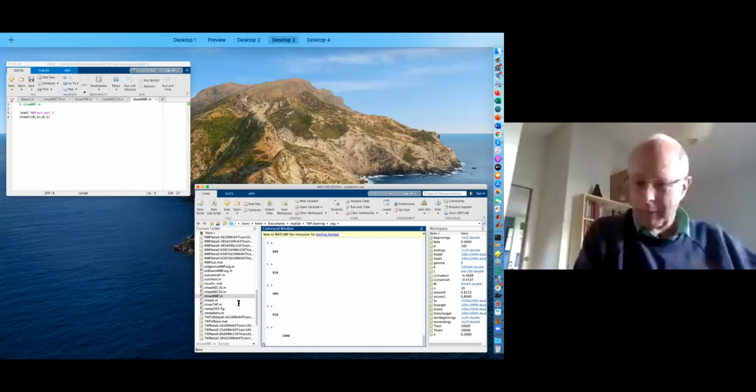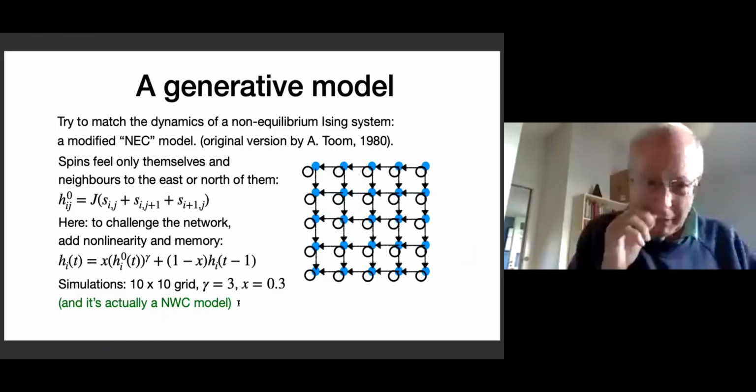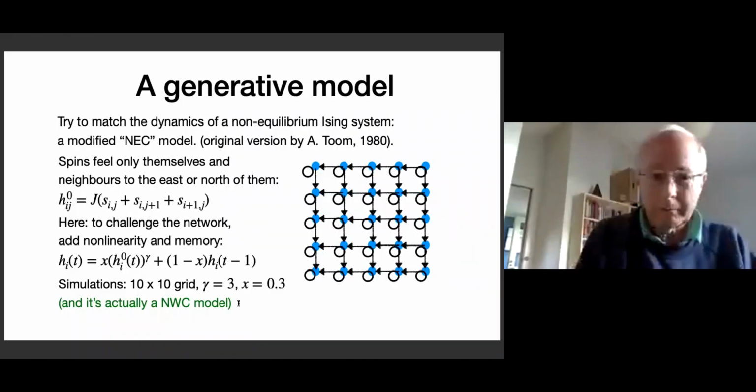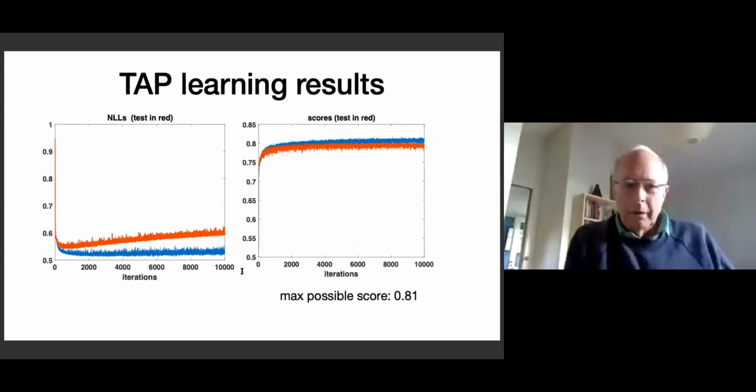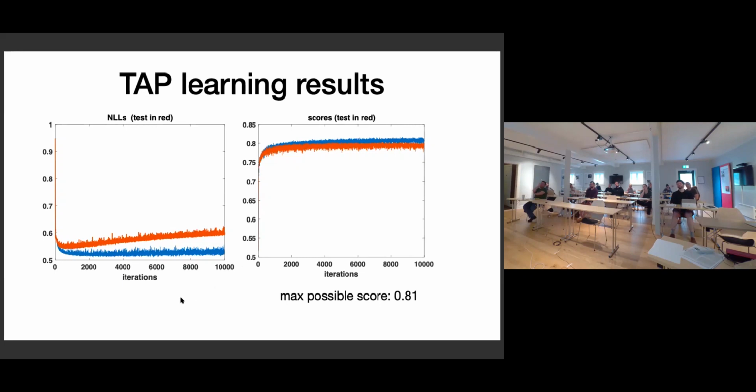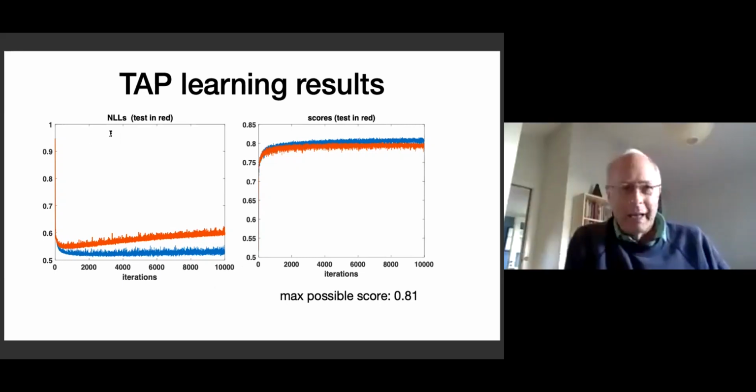The actual simulations, just because we have small computers, are done in a 10 by 10 grid. And this is just some learning curves. The first one shows the negative log likelihood per spin and per time step. I didn't write that explicitly, but it's in bits.